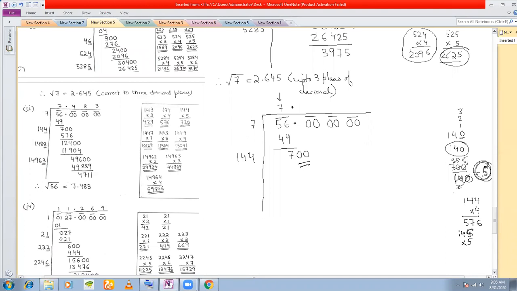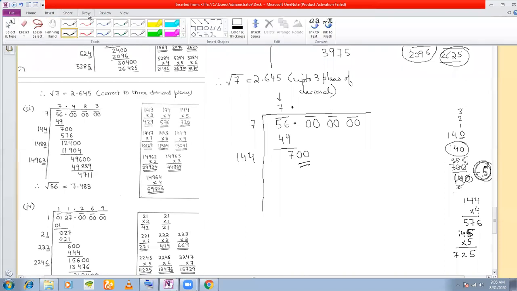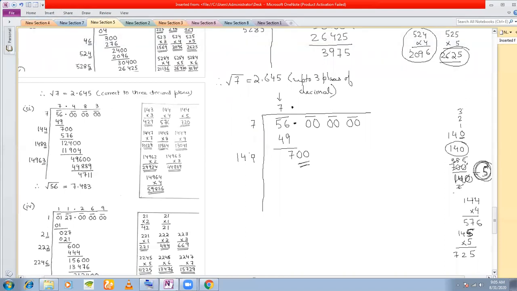So 145 into 5. So this is 725, which is greater than 700, right? So that is why we place a 4 here. 144 into 4 is 576.